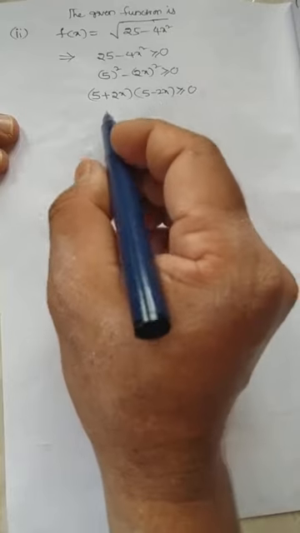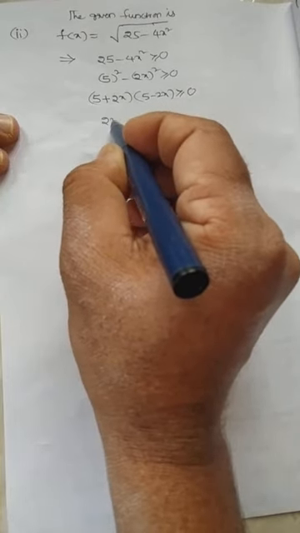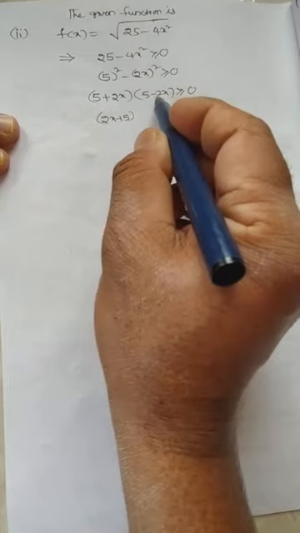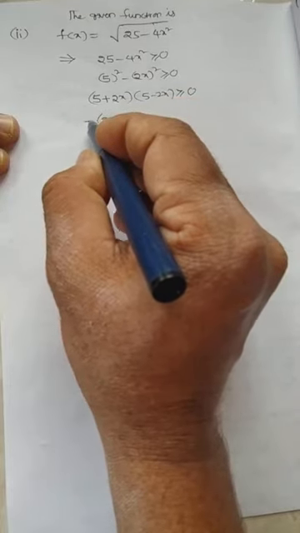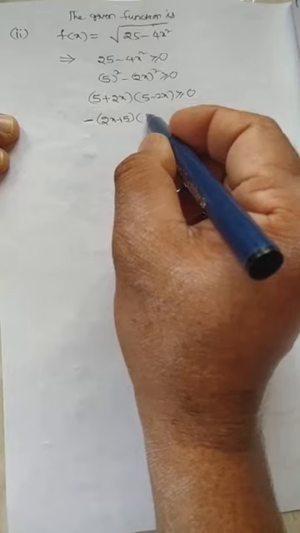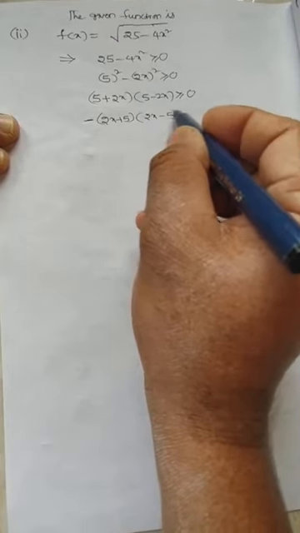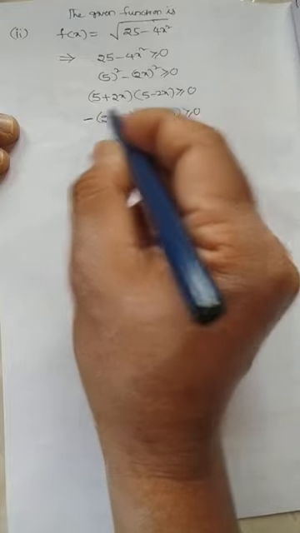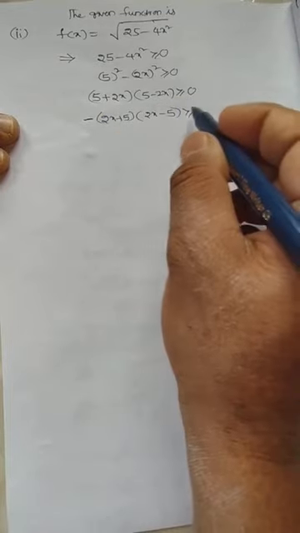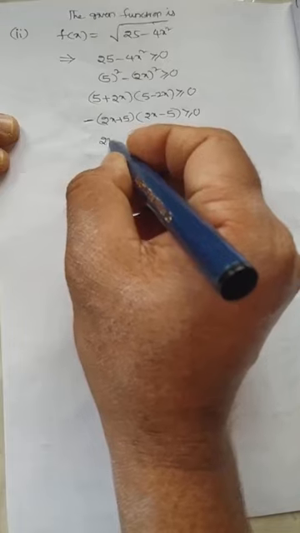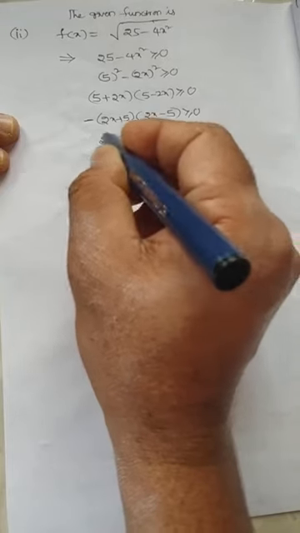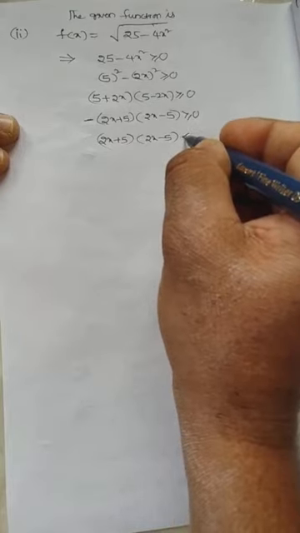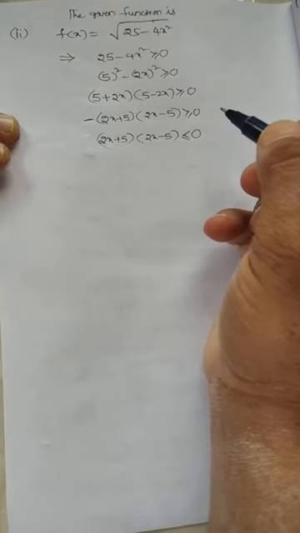So what should I get? 2x plus 5 is this one, and from the other factor I take minus common, so it is 2x minus 5, greater than or equal to 0. Applying minus to both sides, the relation must change. So 2x plus 5 into 2x minus 5 is less than or equal to 0.